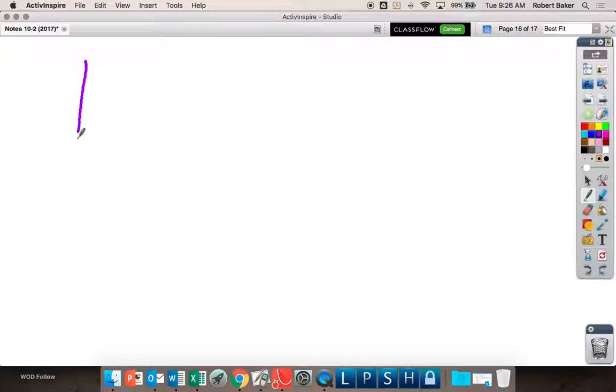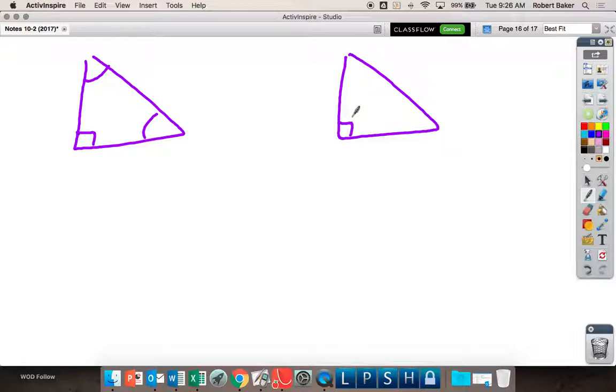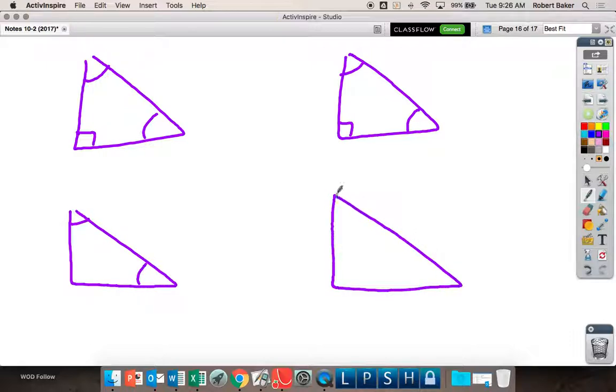Alright, here's everything you need to know right here. Hey, these are all 45, 45, 90 right triangles. So put this somewhere in your notes. Draw 4 45, 45, 90 right triangles. You ready?